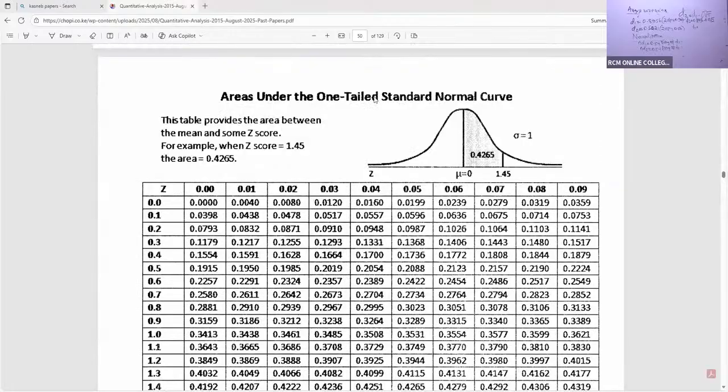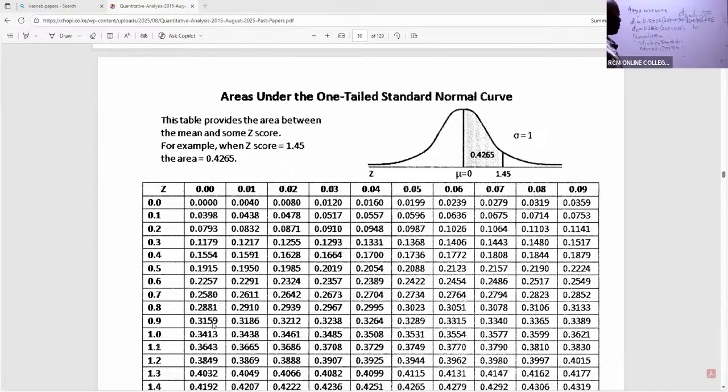Yeah, like there is this normal table, you can see it here. One tail, standard normal curve. We start with D1, which is 0.90. So 0.90 is here, and you can see the entry is 0.3159.